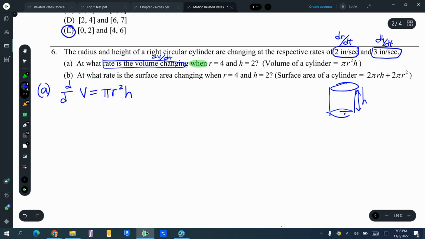So derivative with respect to time. That's going to be dV dt equals pi times, and now we're going to do our product rule. 2r, let me do it in the same order. First times the derivative of the second, plus the second times the derivative of the first.